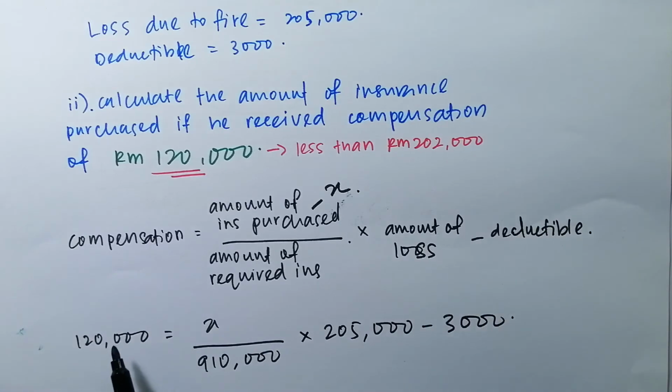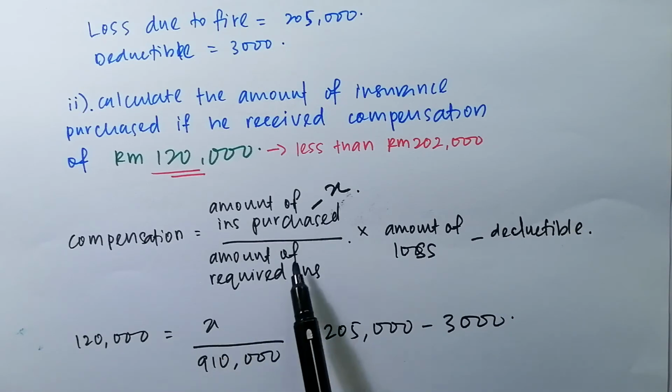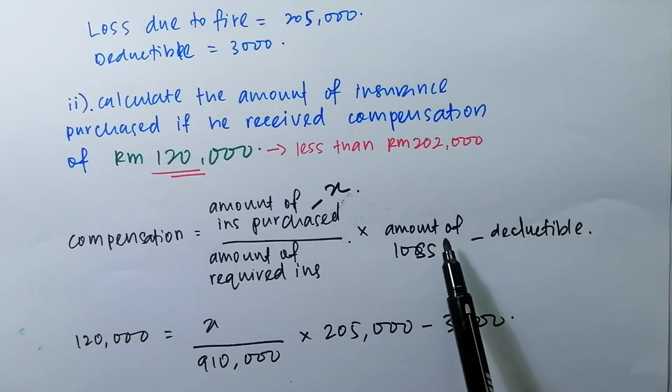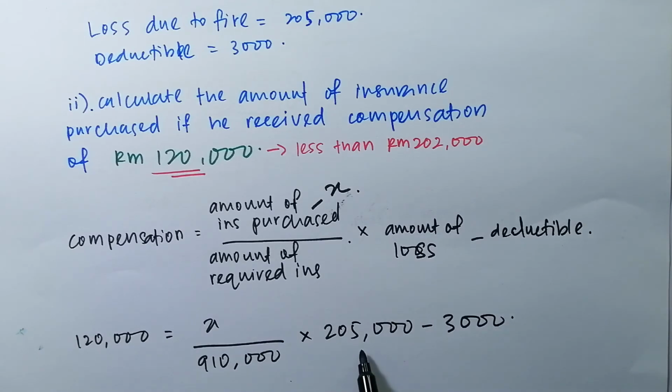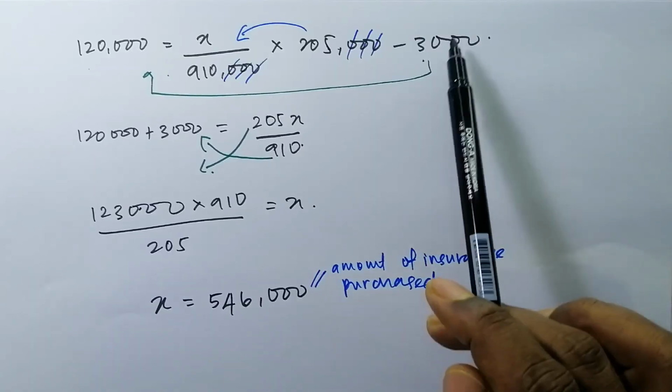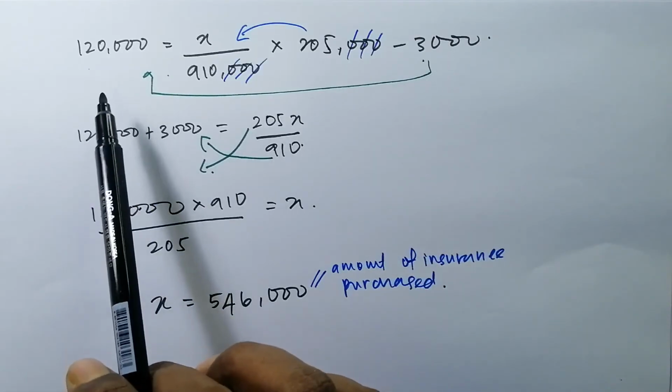So the compensation received was 120,000. The amount of insurance purchased, let's call this X. The amount of required insurance is 70%, which is equivalent to 910,000. The amount of loss given in the question is 205,000. The deductible is 3,000. Let's bring this negative 3,000 over here.